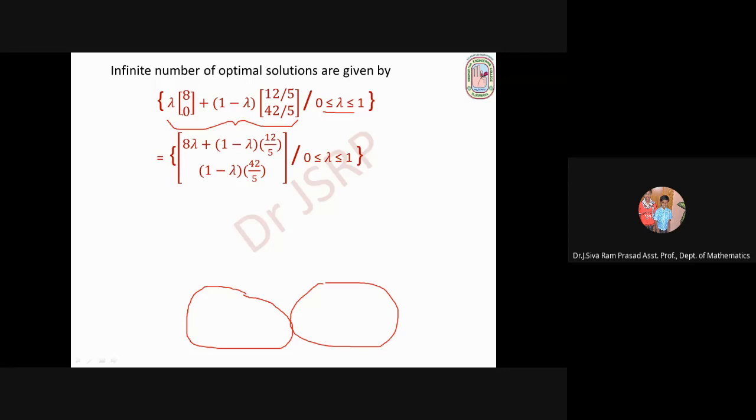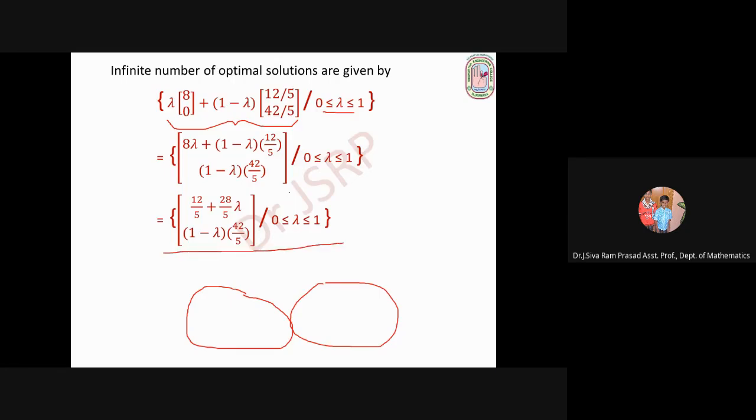Here 0 into lambda, 0, plus 1 minus lambda into 42 by 5. Simplify this here. 12 by 5. Next, 8 lambda minus 12 lambda by 5. Simplify that, we get 40 minus 12, 28 by 5 lambda. Here 1 minus lambda into 42 by 5.